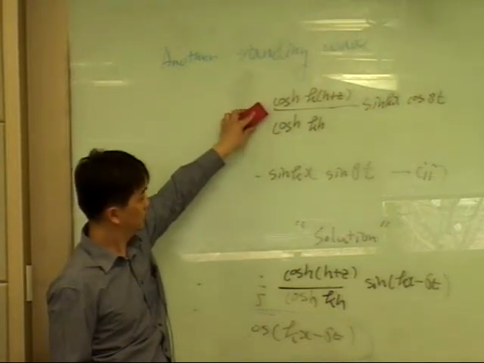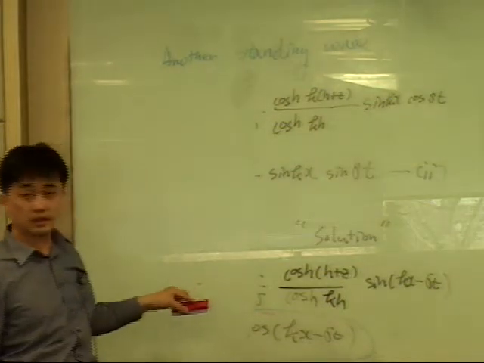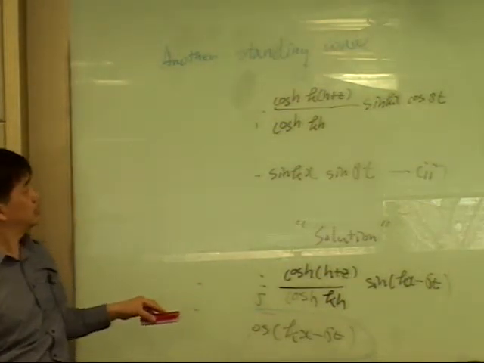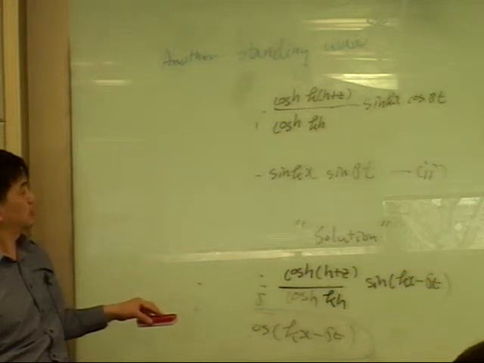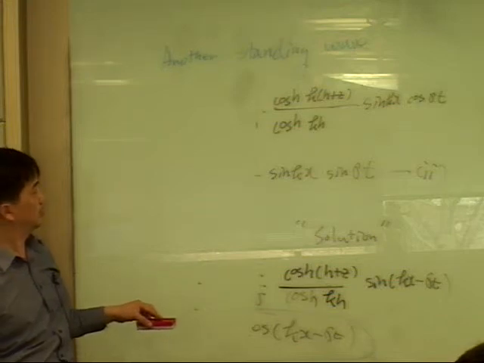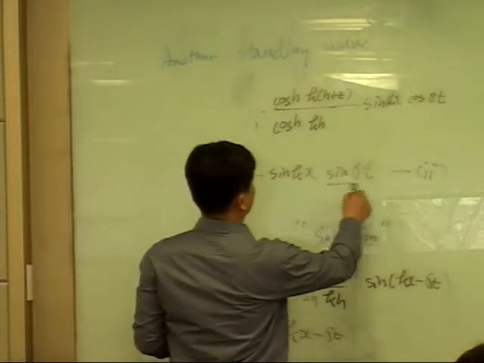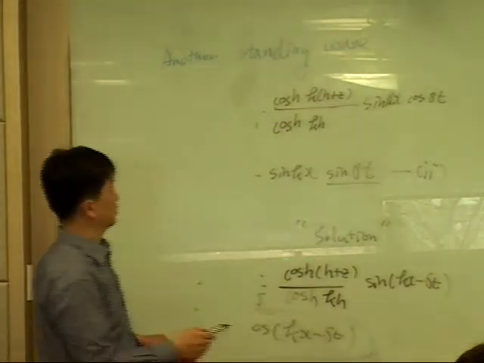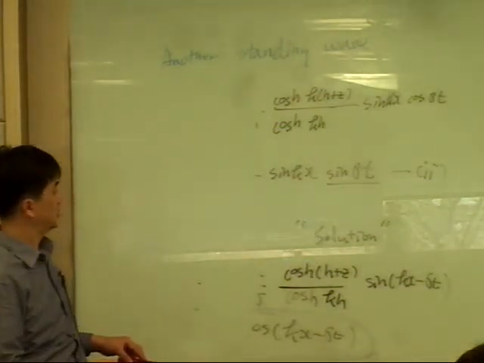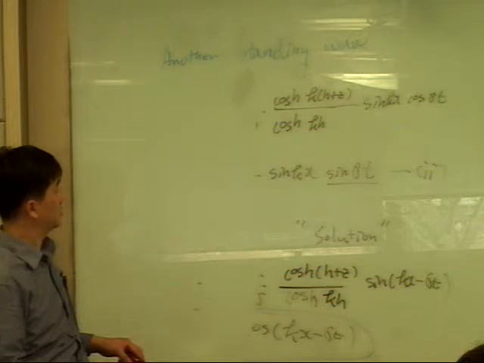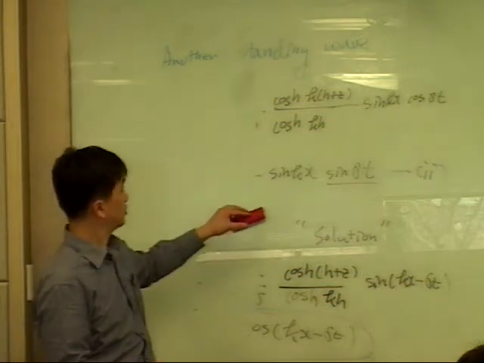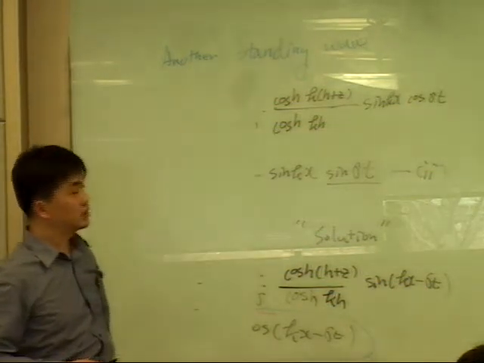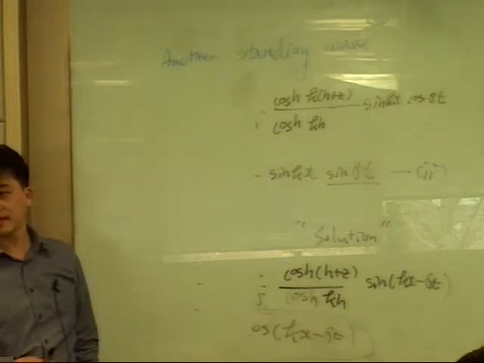Another solution, this one? Standing wave. The potential, the velocity potential. The t term should be sine sigma t. About the velocity potential here. Why? Because we start with t.